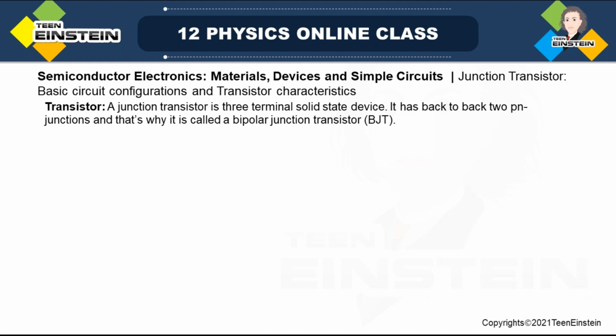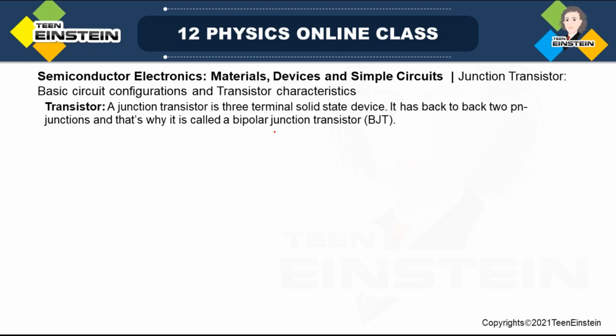As we have seen in the case of a diode, we had seen forward bias characteristics and reverse bias characteristics for the diode. Similarly, in the transistor also we'll learn about the characteristic curves of the transistor.